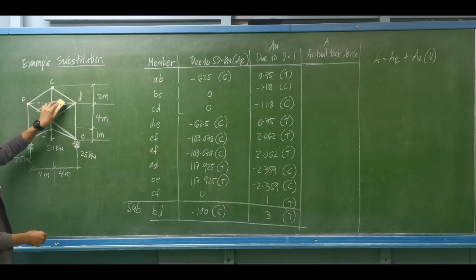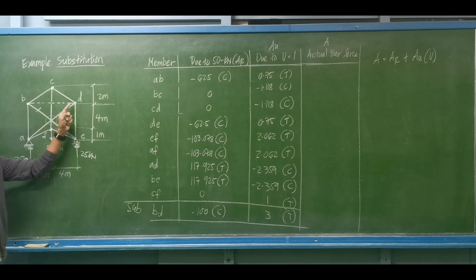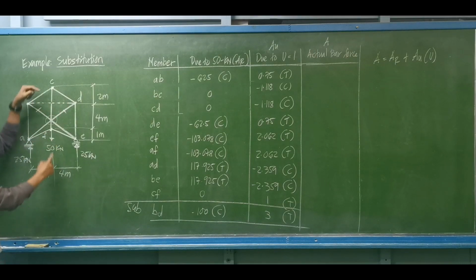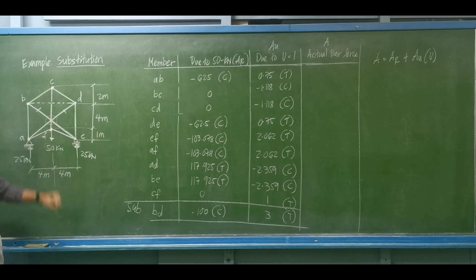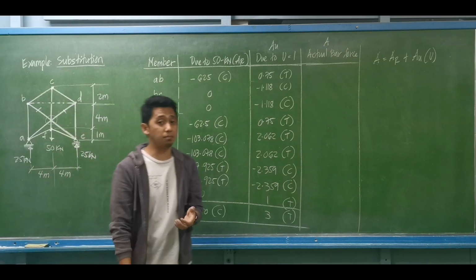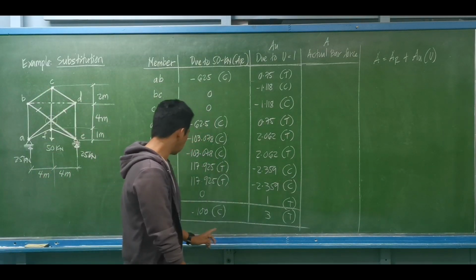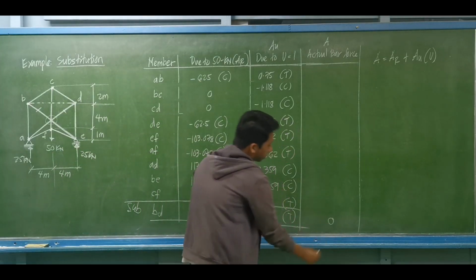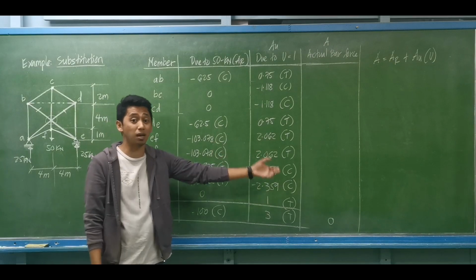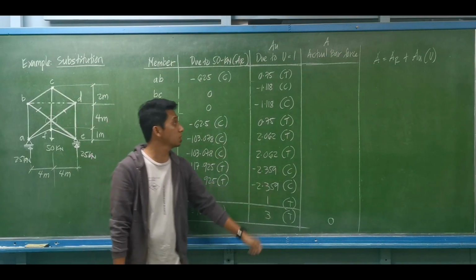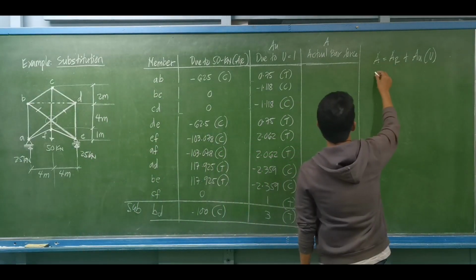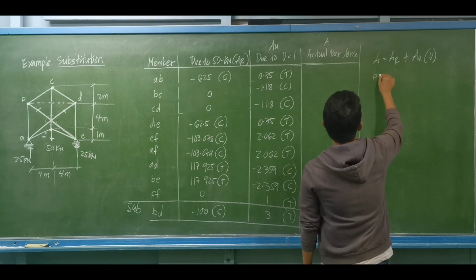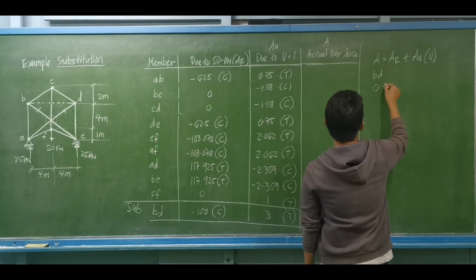So take note that this is just an imaginary member, substitute to the member CF earlier. Since that is an imaginary member, the actual bar force for member BD is basically equal to 0, because it is a non-existing bar force. So for member BD, that is a 0 A sub R.